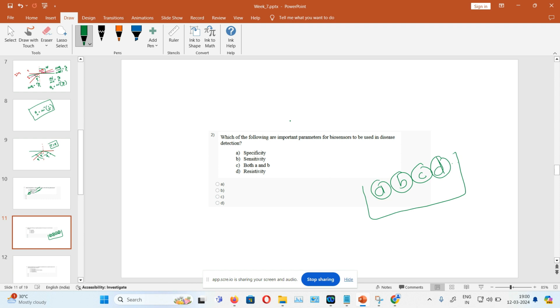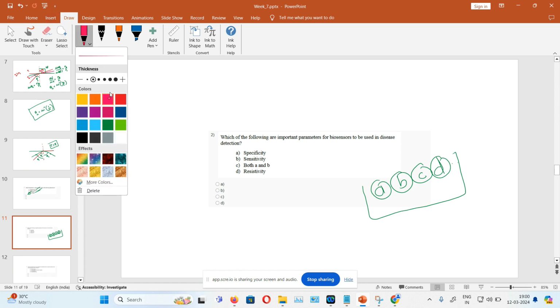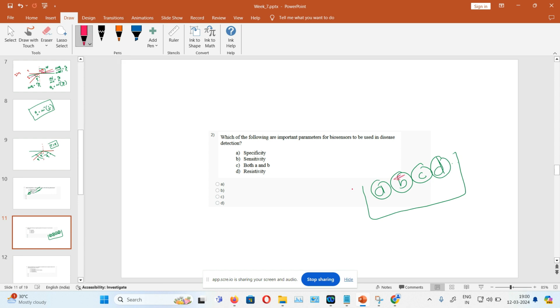Let it be that the targeting entity is a property B. If that's a good sensor, what should it do? It should specifically detect B other than A, C, D.